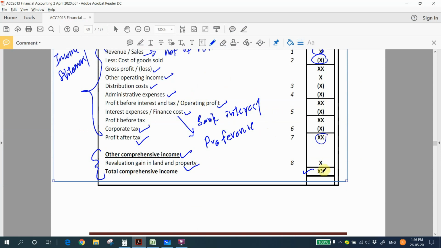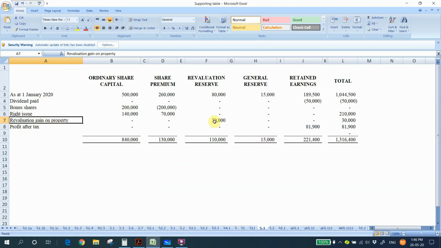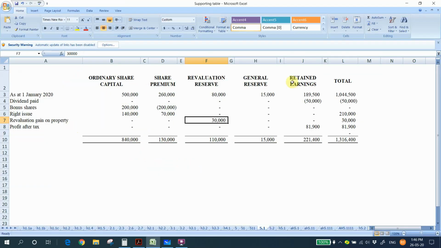Do not use the total comprehensive income, because the total comprehensive income will include the gain or loss from the revaluation of property. And this revaluation gain or loss on your property has been included separately. So we only include profit after tax when we record in our statement of changes in equity. Take note of this.